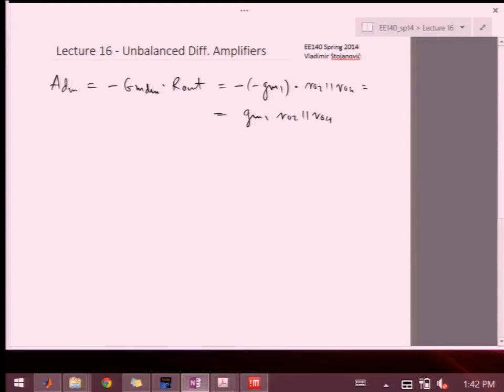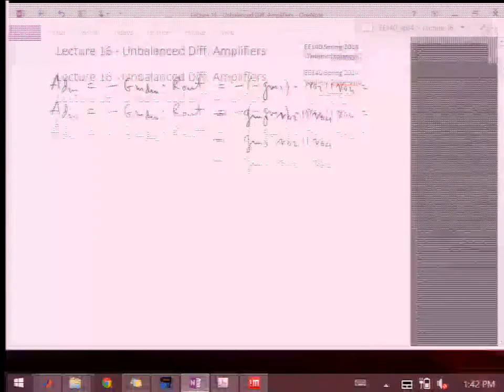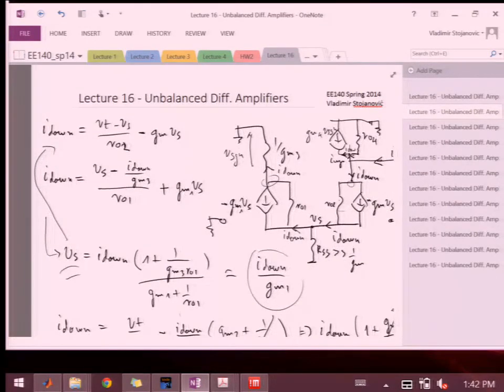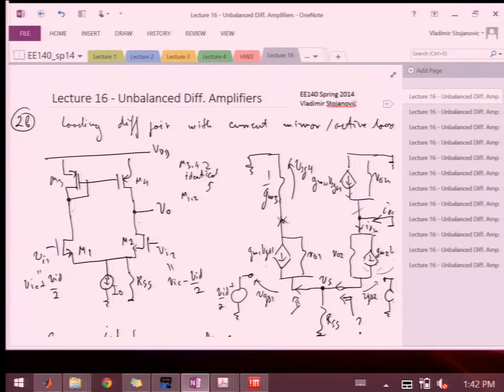Now, just to double check the signs and everything, if you go back to your amplifier, okay, one more. What is the phase relationship between VI1 and VO? How do you look at that?